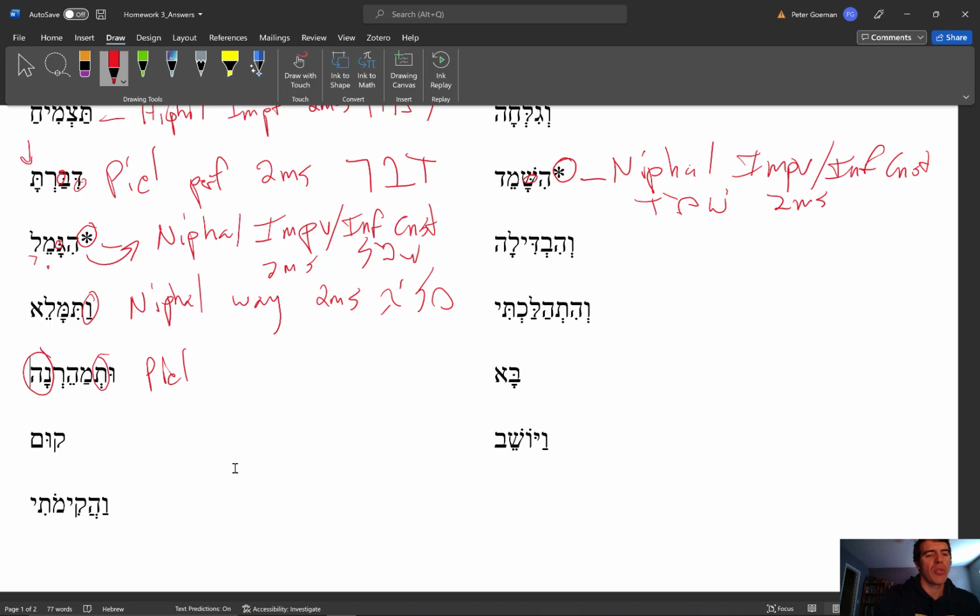Now the reason there's no dagesh in the second root letter, why is that? Because it's a guttural. So gutturals reject the dagesh. So if this is an imperfect, this is going to be a vayiktol. And the reason that this vav doesn't have a patach underneath it is because of the way that the shva works, and the lengthening.